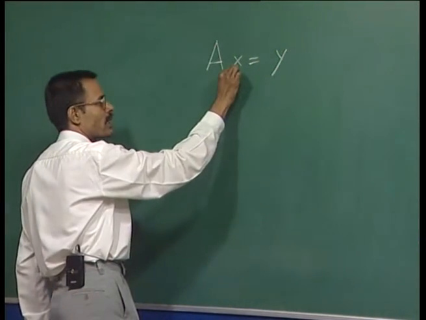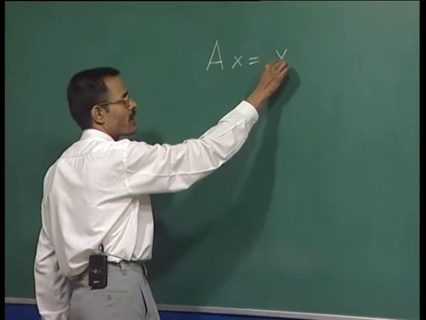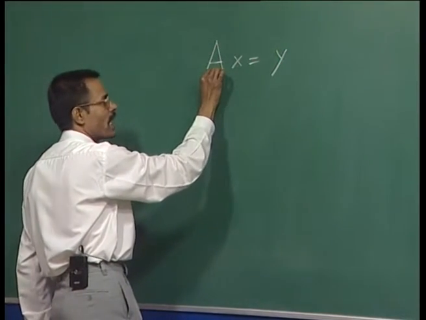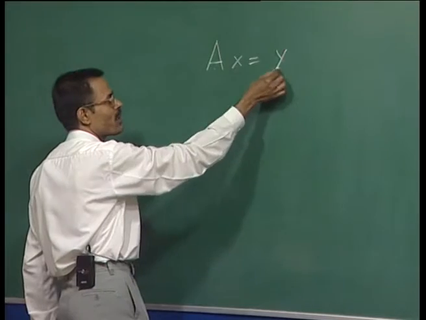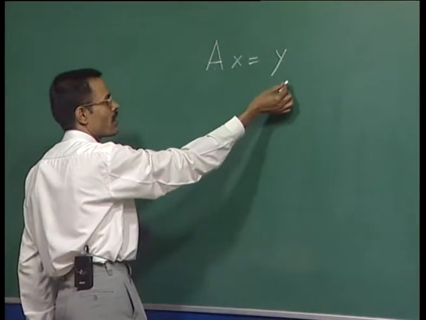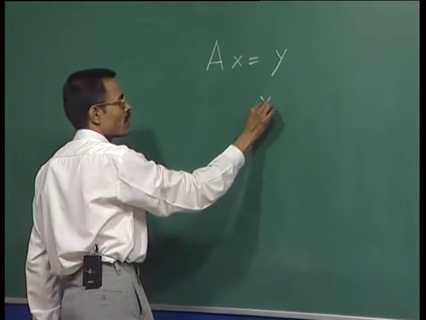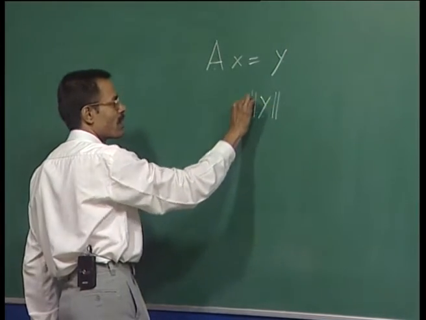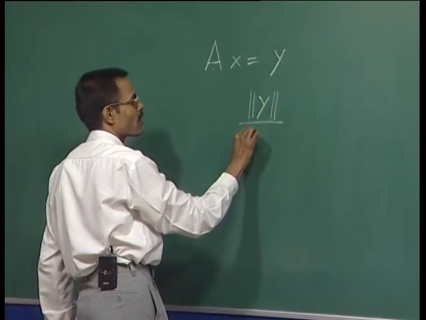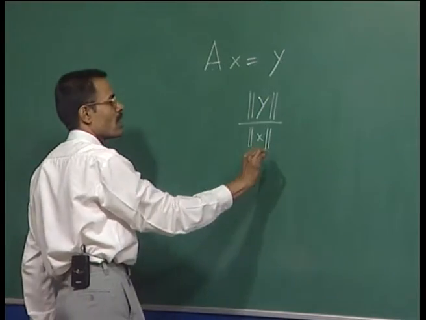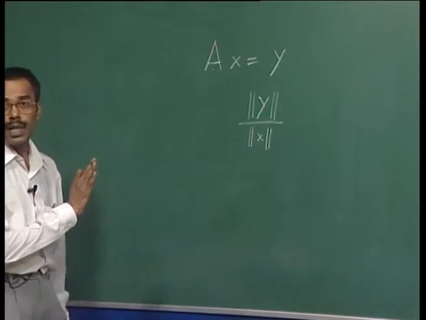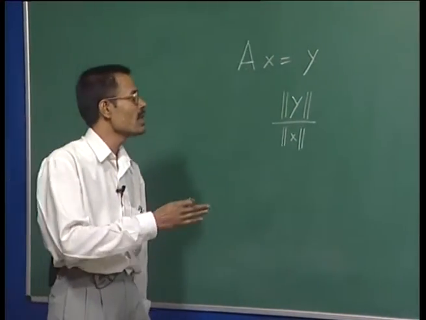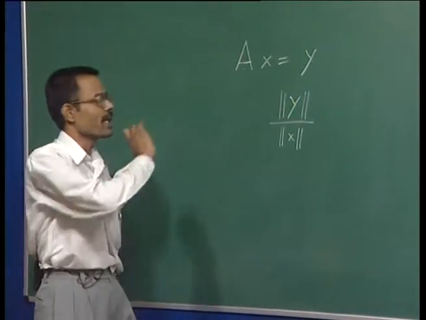This vector has a size and this vector has a size. Matrix A will possibly produce a magnification in the size. So, that magnification will be size of the resulting vector divided by size of the original vector, and that in a way could be considered in some sense the size of a matrix.